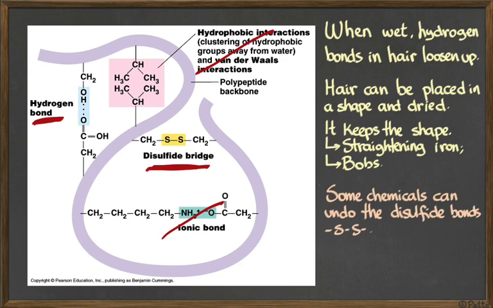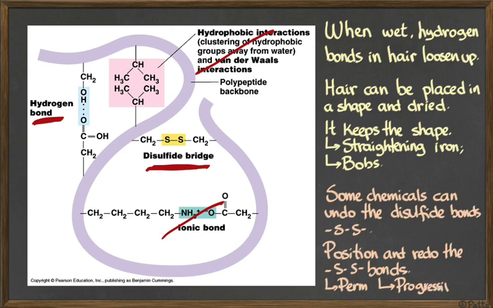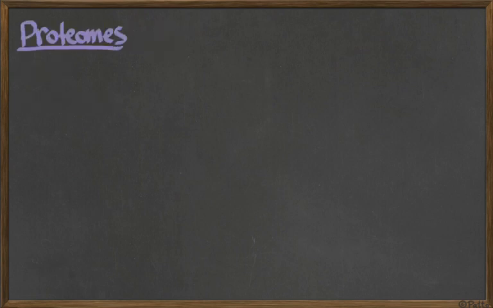This is used for perms, or permanents, or the progressive. You position the hair and redo the disulfide bonds, and it stays there kind of forever. So these are ways of playing with hydrogen bonds and disulfide bridges to change the shape of our hair. Some of you are going to do a practical later about hair strength and what makes hair strong, but this is for another time.